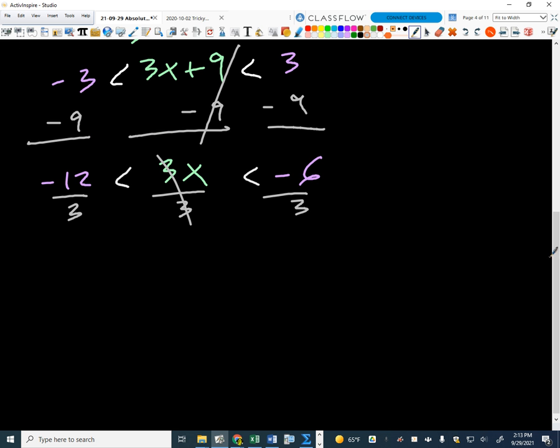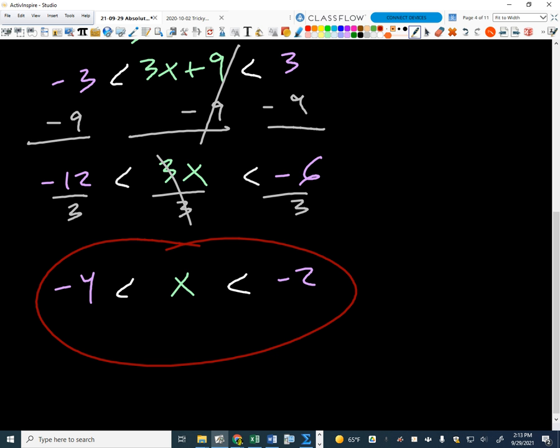And I got it. So I'm going to get a -4 over there. I'm going to get a -2 there. And I get my x in the middle. And that's my solution. Okay, give me 1 to 5.